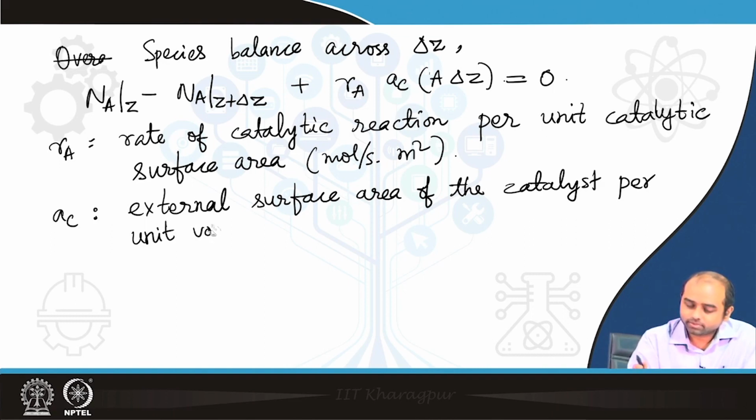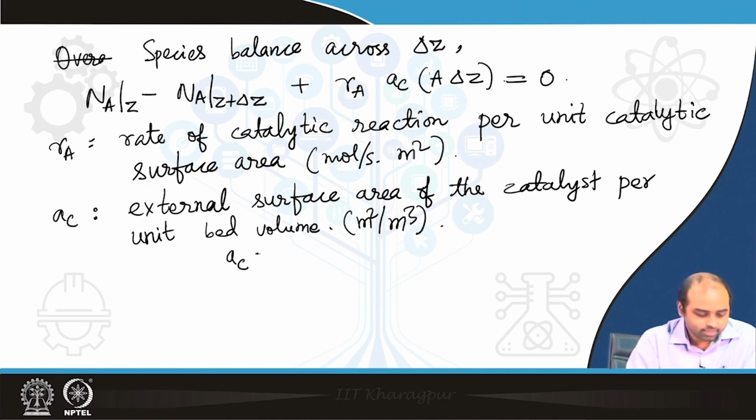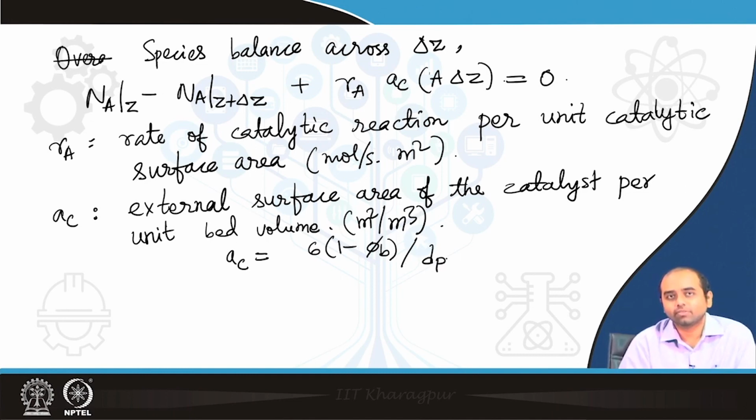Unit bed volume. So, this is meter square per meter cube, and all of you know this. So, the value of this A C turns out to be 6 times 1 minus phi b, the bed porosity, divided by the particle diameter, right. This is something which all of you can also work out, and I leave it to you.